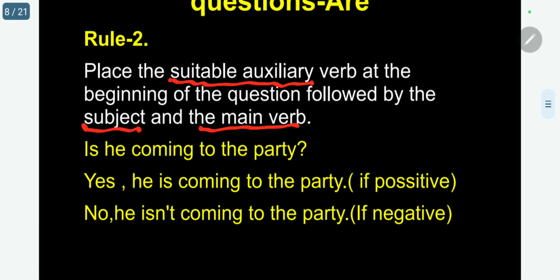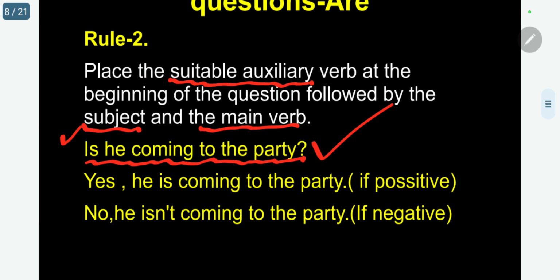Let me explain this with a suitable example. The question is: is he coming to the party? He is third person singular, so I am using is. I should not ask, are he coming to the party? It is wrong. So this is the correct sentence: is he coming to the party?